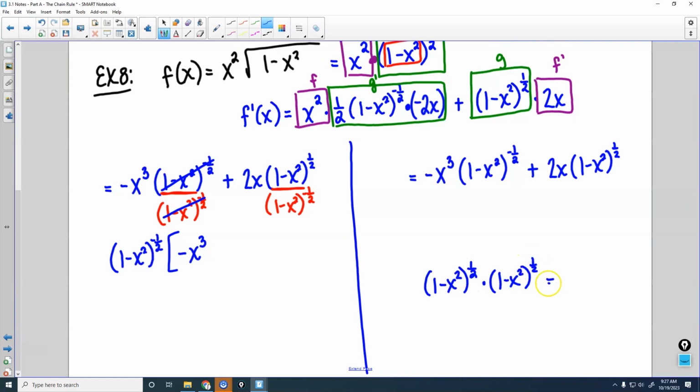And then if I put those together, I would add my exponents, and I just get 1 minus x squared to the first power. What should happen with this is that you should end up with something to like a whole number power. So this is just going to be 2x times 1 minus x squared to the first power, which I'll have to write.